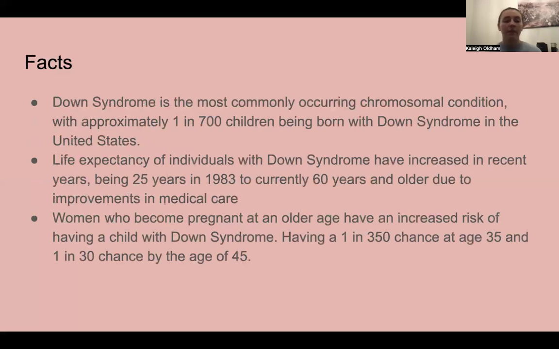So some common facts, or some facts that I saw. Down syndrome is the most commonly occurring chromosomal condition, with approximately 1 in 700 children being born with Down syndrome in the United States.